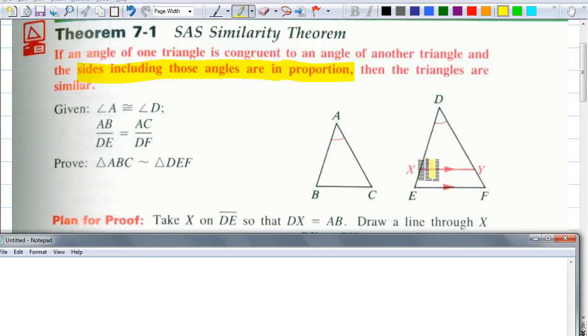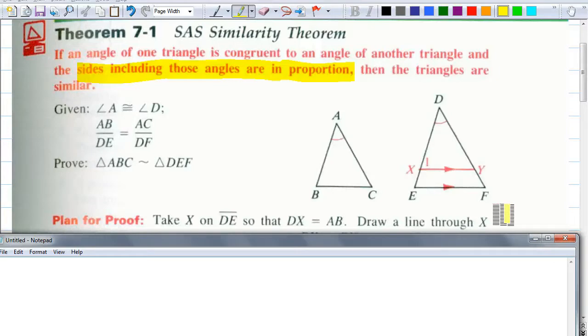So how is it going to show us that if I have angle A congruent to angle D, and AB over DE is equal to AC over DF, how can we show that the two triangles are similar? Okay, before we get going, do you guys remember similarity has properties like congruence and equality?